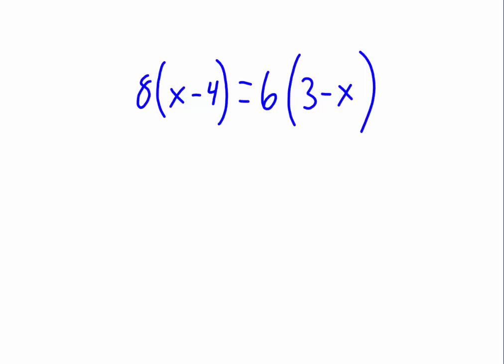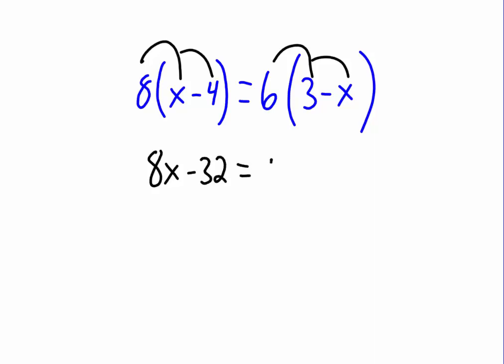Now, just dividing by 8 or dividing by 6 right now would not be such a great thing. So this is one that I'm going to go ahead and distribute on. So I would distribute over here and distribute over here, and I'd end up with 8x minus 32 equals 18 minus 6x.